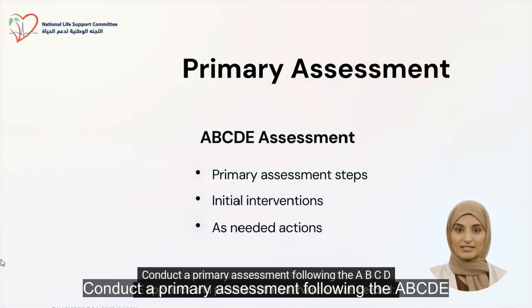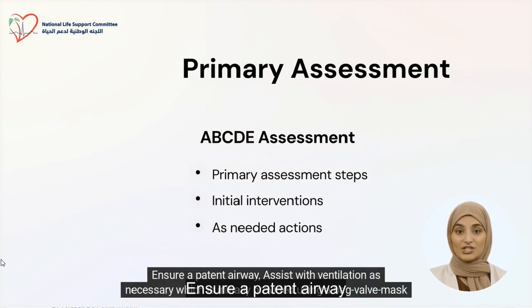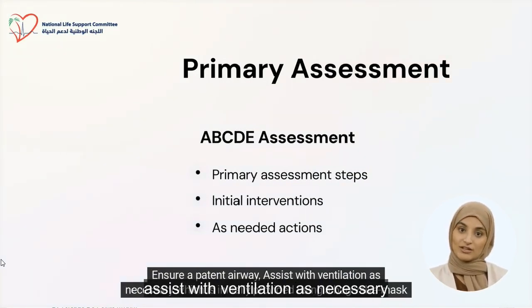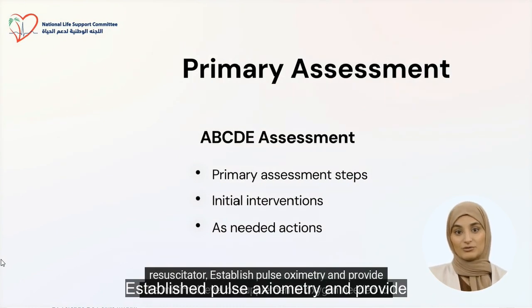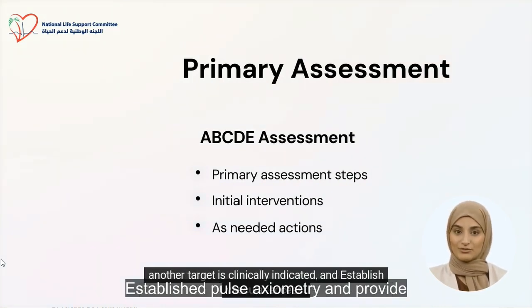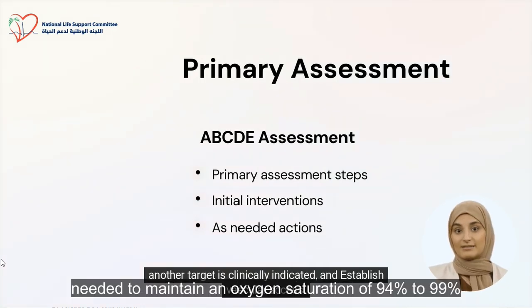Conduct a primary assessment following the ABCDE approach and provide initial interventions as needed. Ensure a patent airway, assist with ventilation as necessary, which is initially provided using a bag valve mask resuscitator. Establish pulse oximetry, and provide the minimal level of supplemental oxygen needed to maintain an oxygen saturation of 94% to 99%.